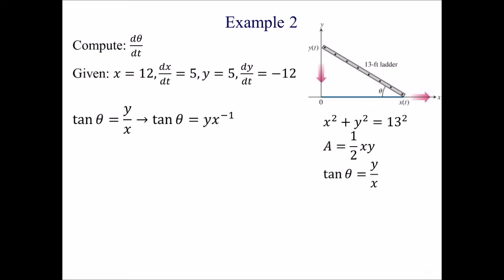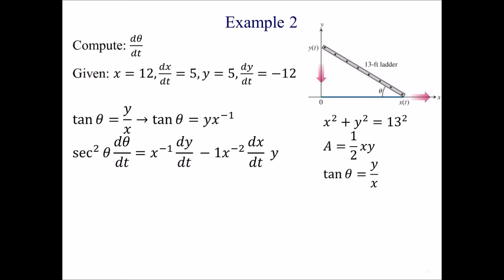First, I'm going to rewrite tangent theta equals y over x as tangent theta equals y times x to the -1. This is to avoid quotient rule. Okay. The derivative of tangent is secant squared theta times d theta dt. Remember to apply chain rule.